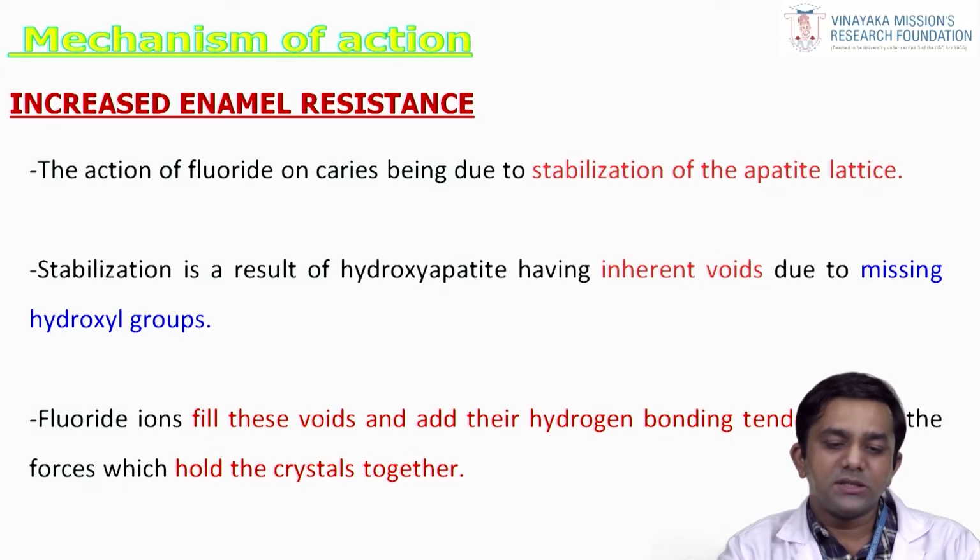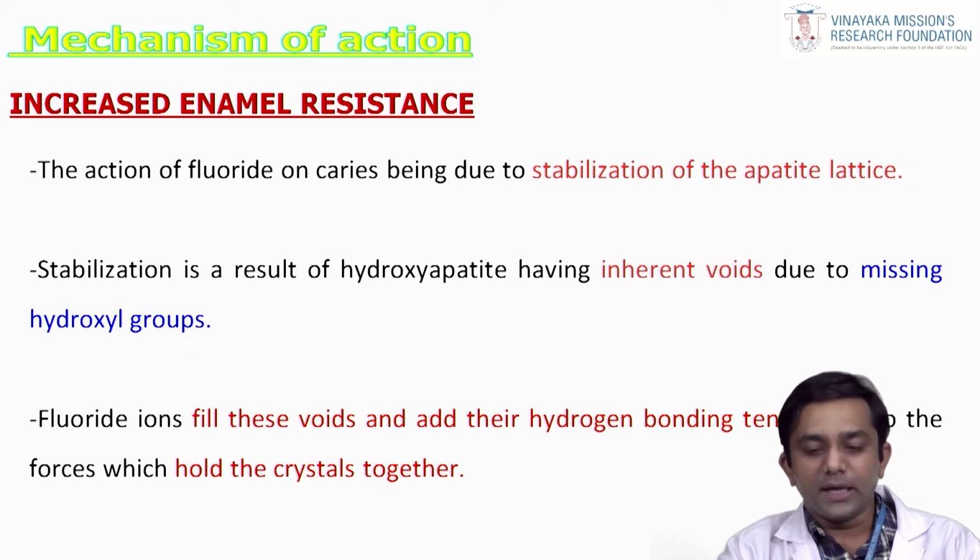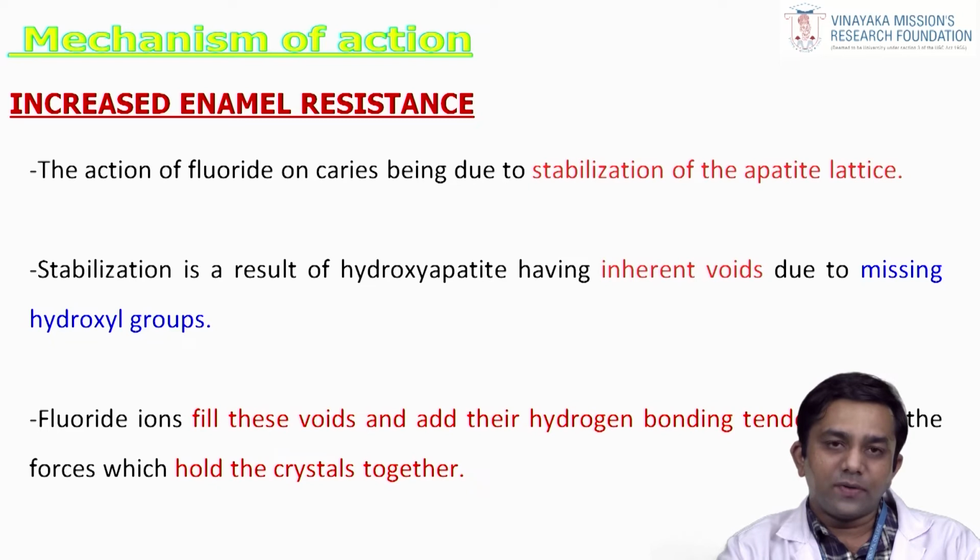Increased enamel resistance means it increases the resistance of a tooth to dental caries. The action of fluoride is due to the apatite lattice, where there will be voids present in the tooth surface, that is, the hydroxyl ions. A tooth consists of hydroxyapatite crystals. When fluoride is present during the course of tooth eruption, the hydroxyapatite crystals are converted into fluoroapatite crystals.